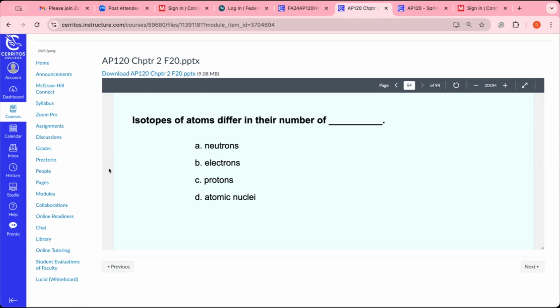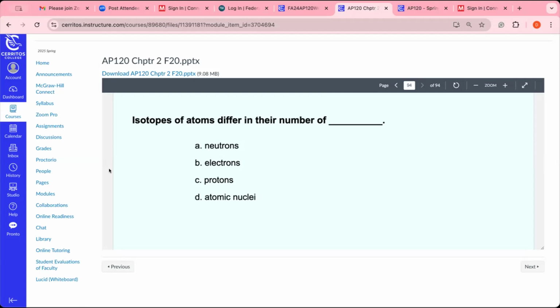Isotopes of an element differ due to the number of neutrons. They have different numbers of neutrons in the nucleus.